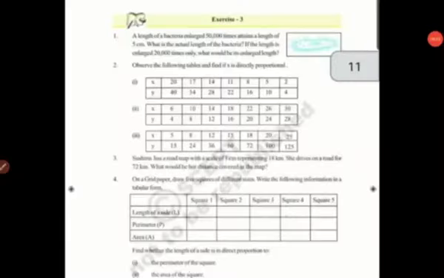So these are your exercise problems, exercise 3. Okay, let's see the first problem, and let's do it with the direct method. A bacteria enlarged 50,000 times attains a length of 5 centimeter.